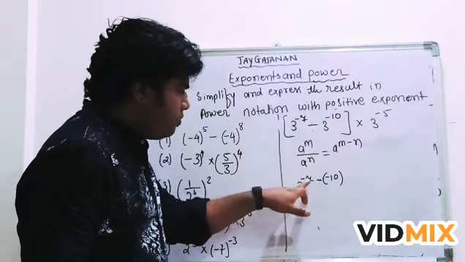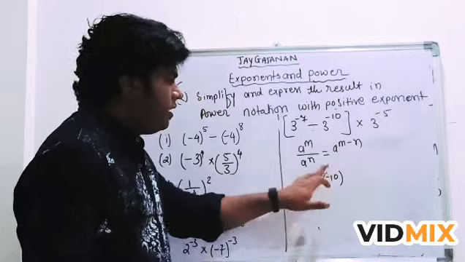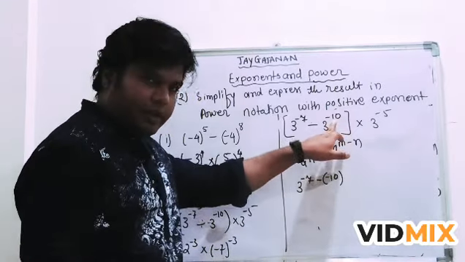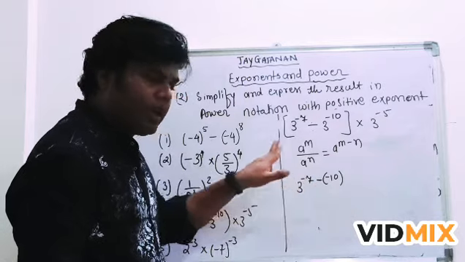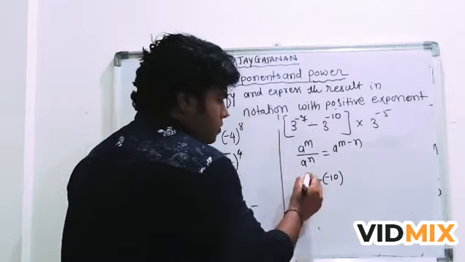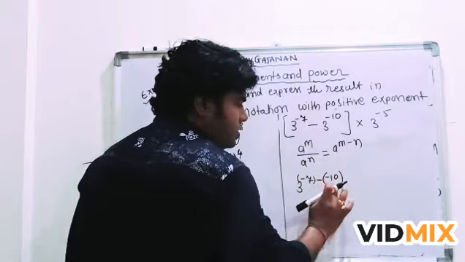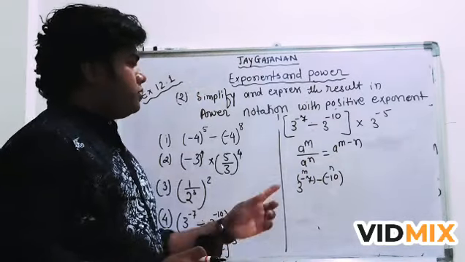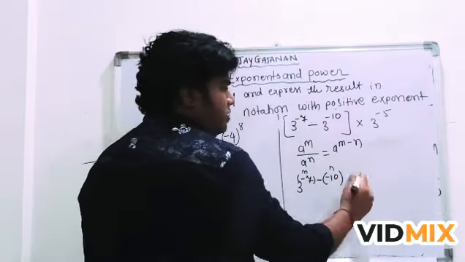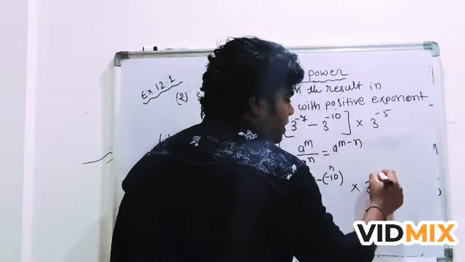So I have written a to the power m minus n. Already there was a negative sign, so I kept that sign. This complete bracket is m, this is n. I will write it here for your understanding. Then after the bracket, multiply by 3 to the power minus 5.